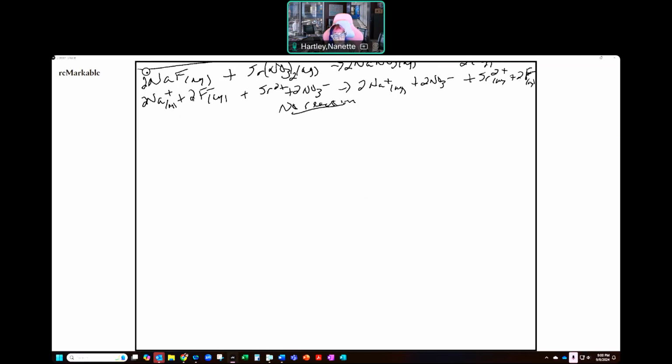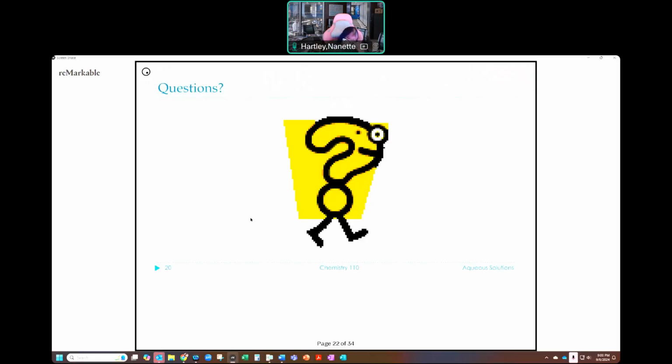Again, that's 2 Na plus, 2 F minus, plus Sr 2 plus, 2 NO3 minus goes to 2 Na plus, 2 NO3 minus, because both of those are still aqueous, plus Sr 2 plus, 2 F minus, both of which are still aqueous, which again means that there is no reaction. So again, nothing interesting happened here, no net ionic equation. So checking that solubility, all of those products were soluble. Okay? So that is what we have for our aqueous solutions there.